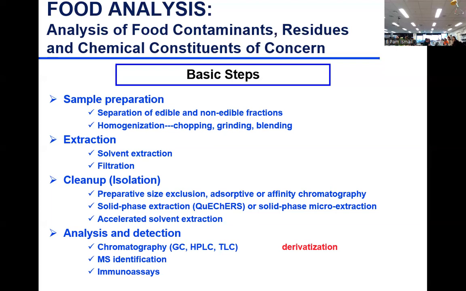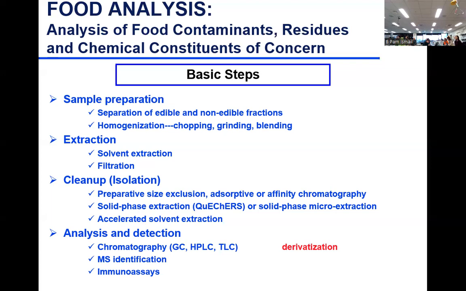And you talked in gas chromatography lecture, you probably talked about solid phase extraction and solid phase micro extraction. So you want to remember that. And we talked about accelerated solvent extraction when we increase pressure and temperature and enhance extraction using organic solvents. Then we use chromatography.